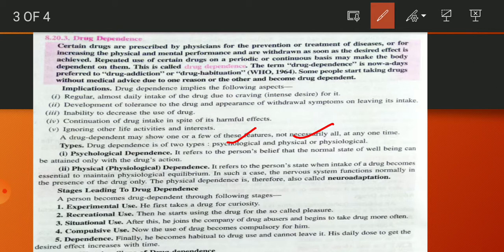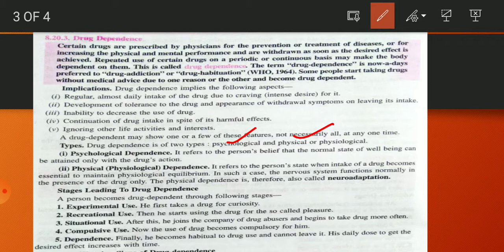Then comes physical or physiological dependence. What is it? It refers to the person's state when intake of a drug becomes essential to maintain physiological equilibrium. Because whenever there is a large injury or something very harmful to the body, the person becomes totally dependent upon the drugs for the cure.